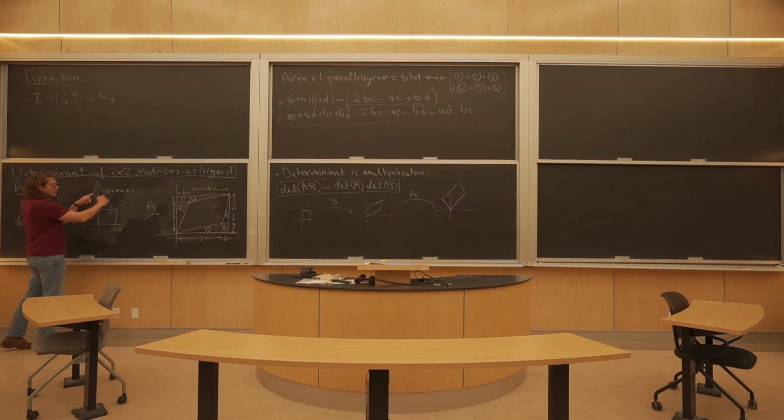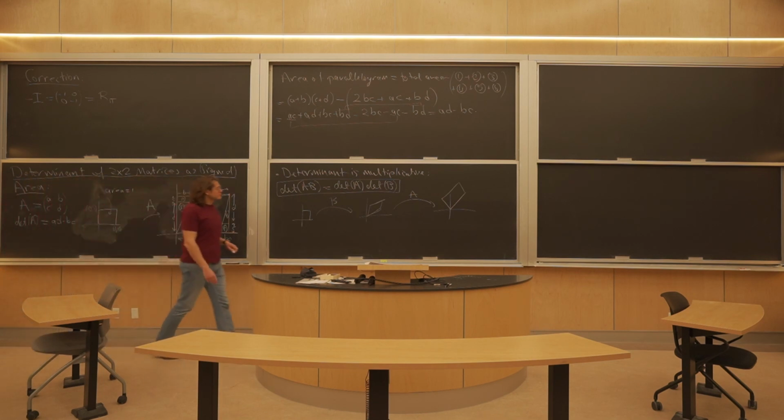If I were to take 4 boxes, the end result would be some other thing, and the area would be multiplied by the determinant. If I had some other type of shape, something like a blob like this, it wouldn't be as easy to keep track of how it would look under my transformation, but still, I would be able to say that whatever the area of this is, its image is going to have the same area times the determinant.